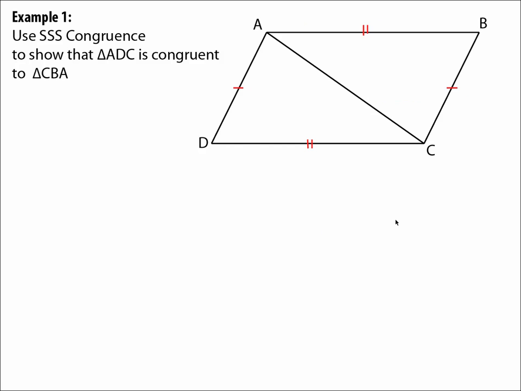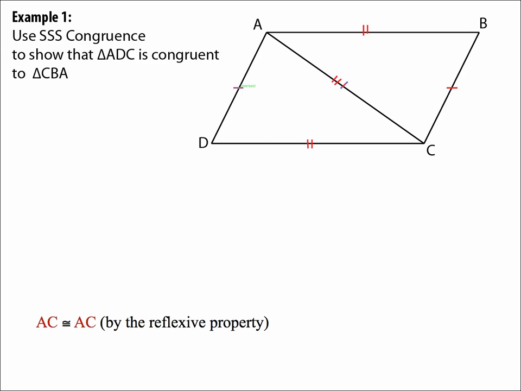Okay, let's use side, side, side congruence to show that triangle ADC is congruent to triangle CBA. This is going to be pretty easy because all we have to do is to show that AC is congruent to itself. Since AC is the side that links up the two triangles together, we can say that AC is congruent to AC because of the reflexive property.